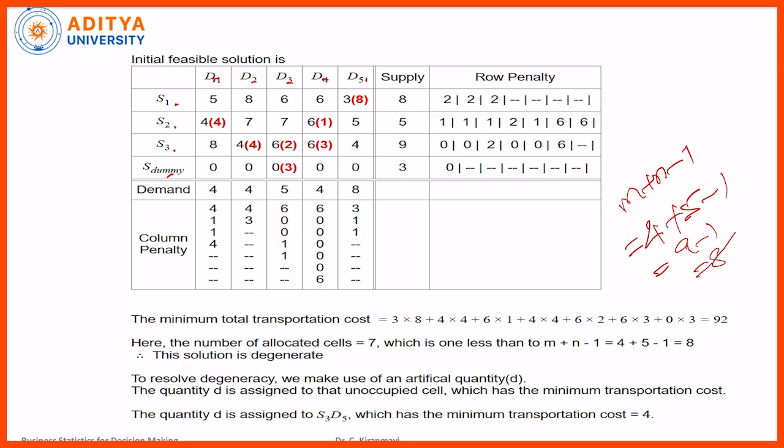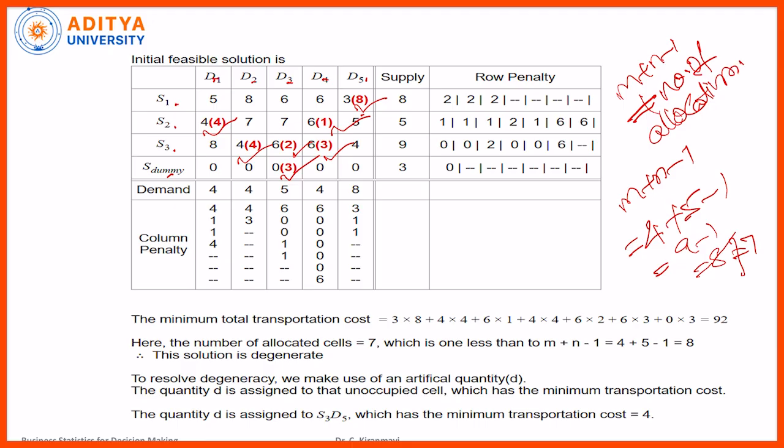So we should have 8 allocations. Let us count how many allocations there are: 1, 2, 3, 4, 5, 6, 7. Only 7 allocations. Here m plus n minus 1 is not equal to the number of allocations. Therefore, it is a case of degeneracy.